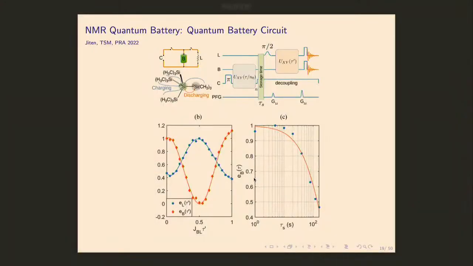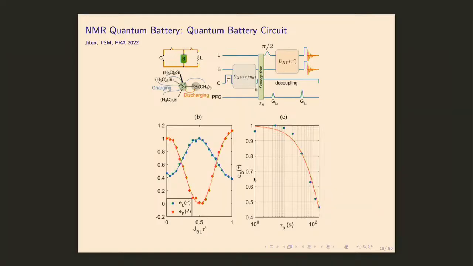Now whether you can extract energy, that is another thing. So you can also extract energy. For example, in this system, the central silicon is surrounded by 36 hydrogens. That's the battery here. There is another silicon here, and we can take it as a load. After charging, we want to transfer the energy from this silicon to this silicon.